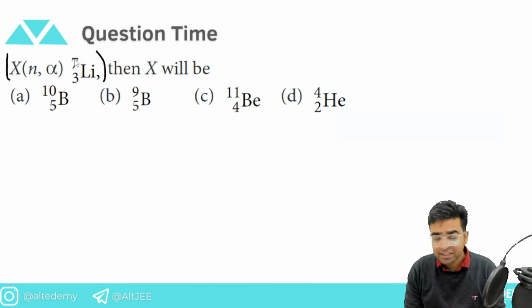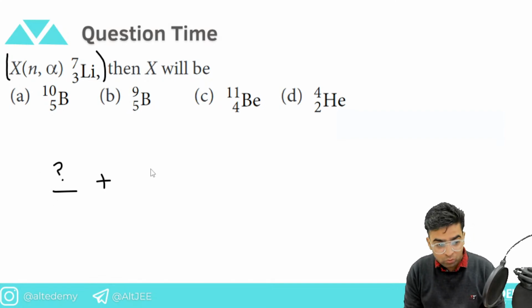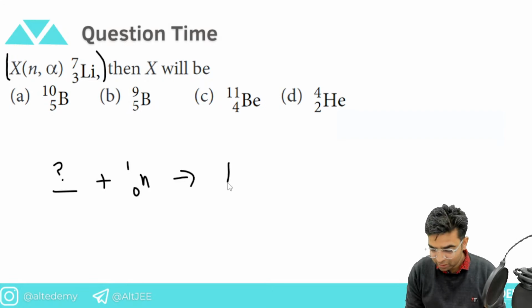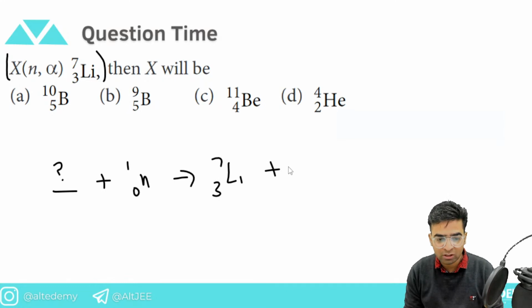X and alpha, with 3Li7, what will be the X? Like this equation, we don't know this, so it is n, neutron, 0n1. I'm writing the equation: Li 3 7 plus alpha He 2 4.